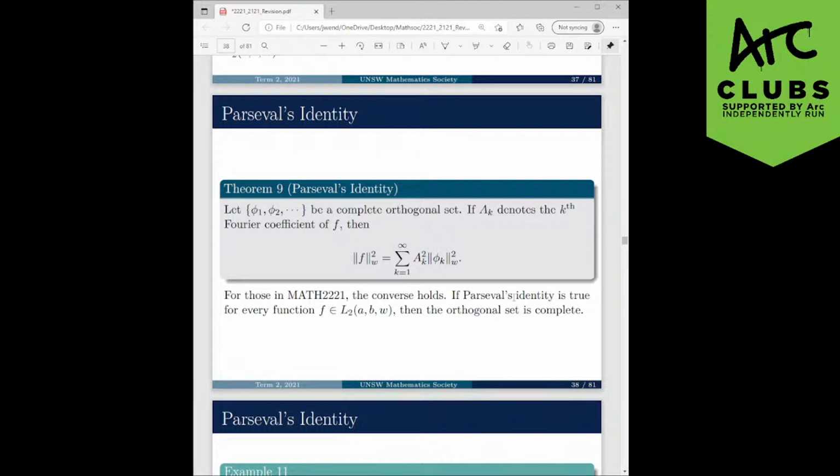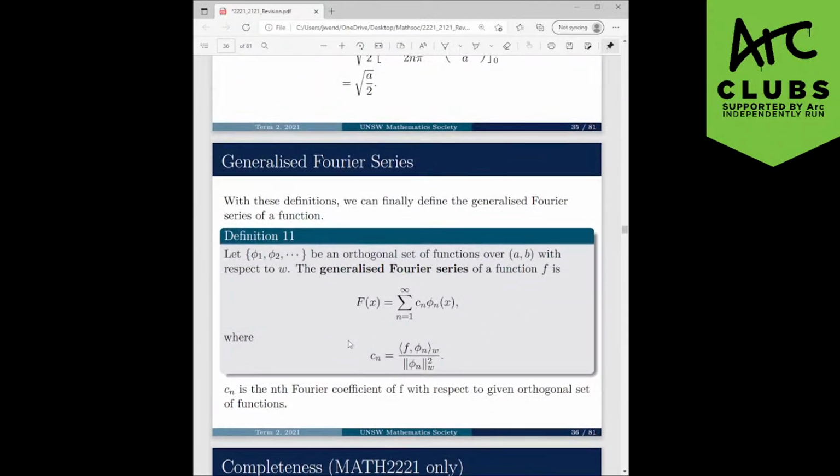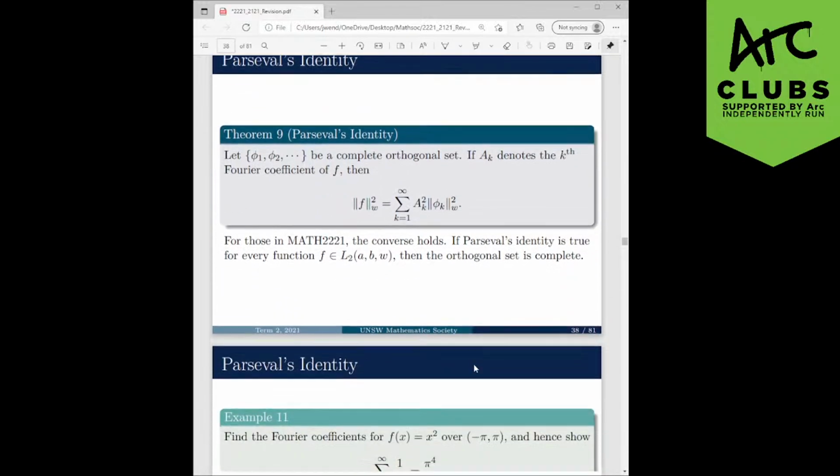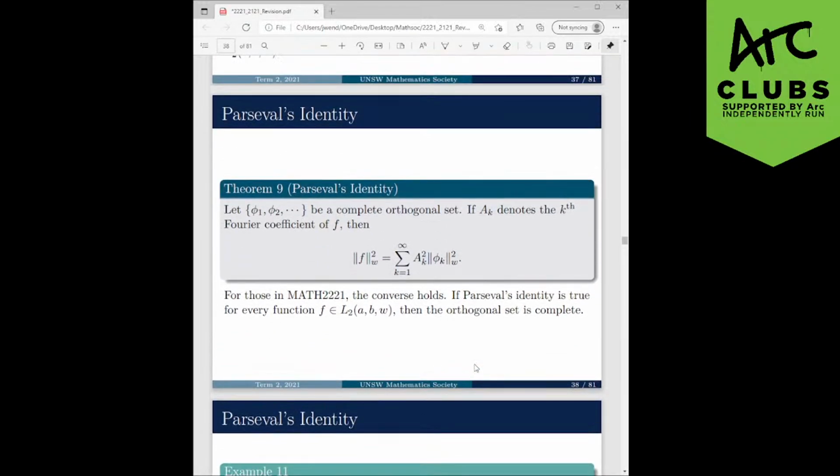Your phi k's come from your complete orthogonal set. You find ak from your Fourier coefficient definitions, whether it be the generalized Fourier definition or the typical sines and cosines. So you'll find ak the usual way we've been finding them in examples so far. And f is just whatever f happens to be in the question.